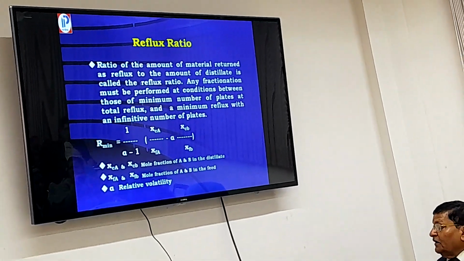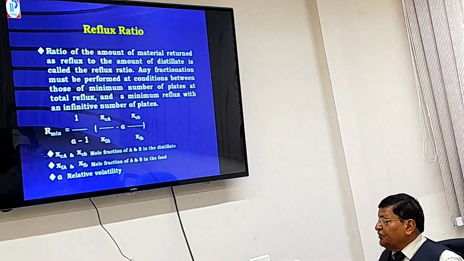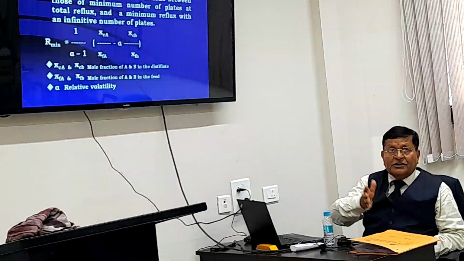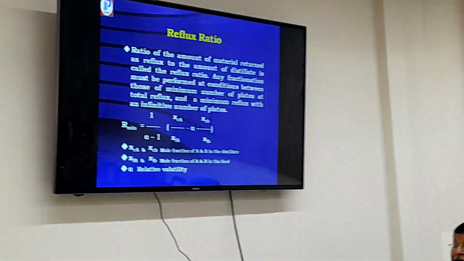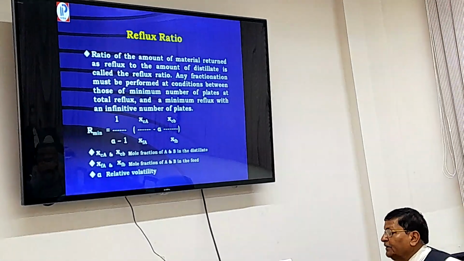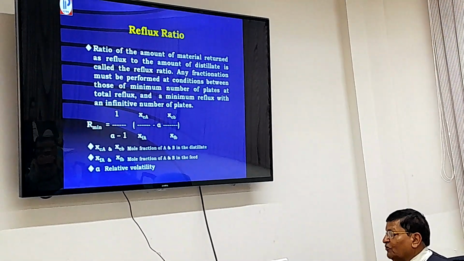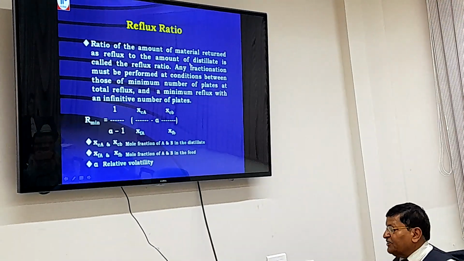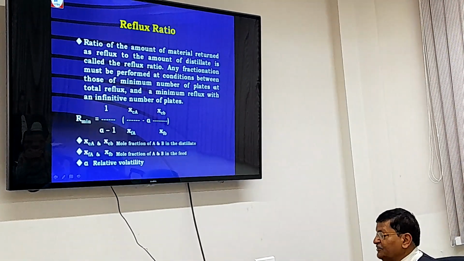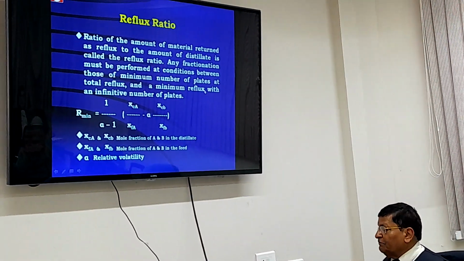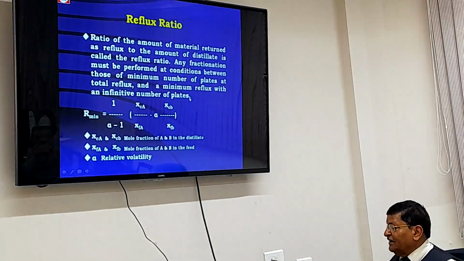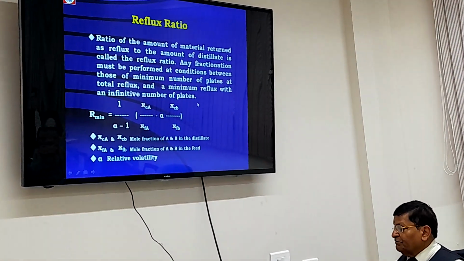Now, reflux ratio is the ratio of the amount of material returned as reflux to the amount of material going upward. Any fractionation must be performed between the conditions of minimum number of plates at total reflux and minimum reflux with an infinite number of plates.